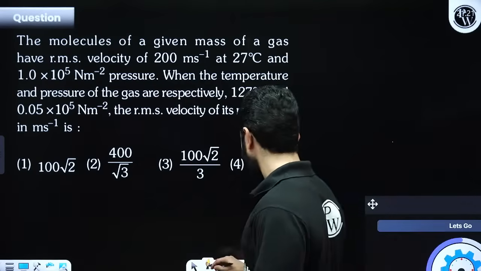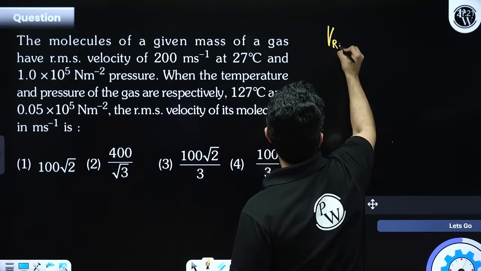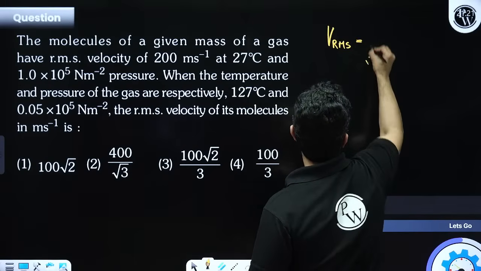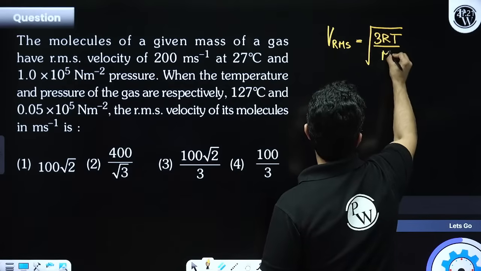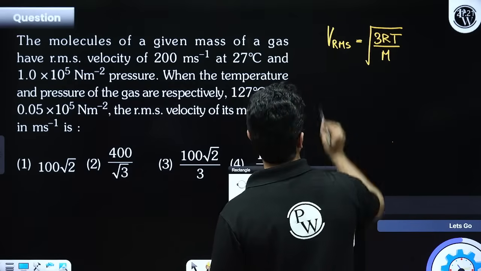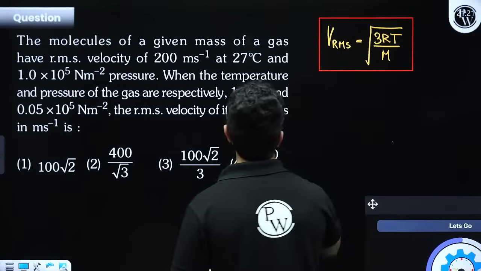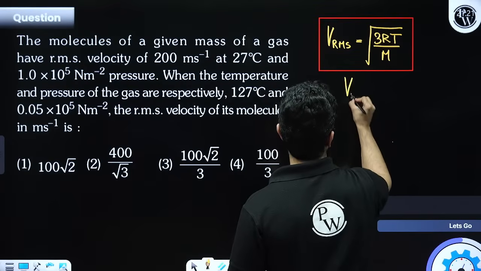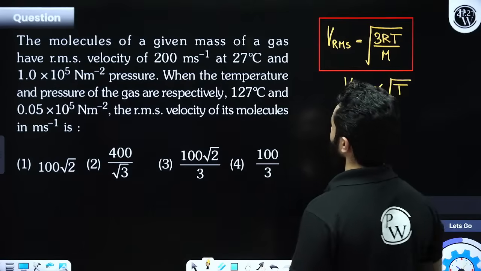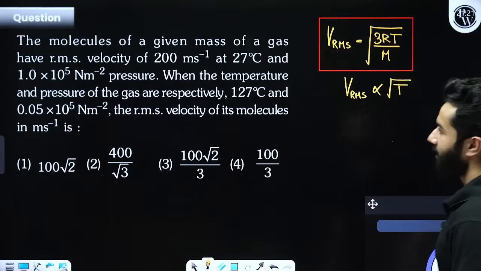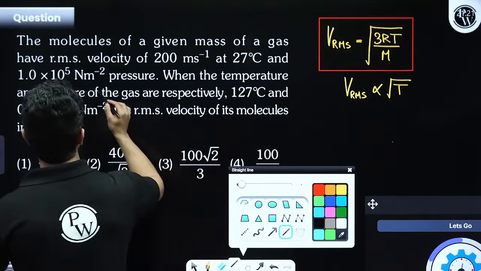They are talking about VRMS. For VRMS, you can use the formula under root of 3RT by M. They have given you VRMS, and from here you can see that VRMS is directly proportional to under root temperature.